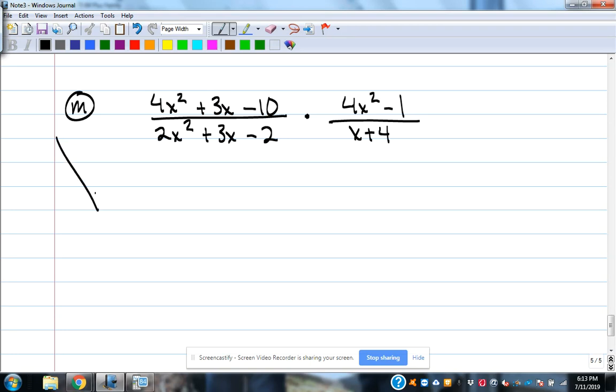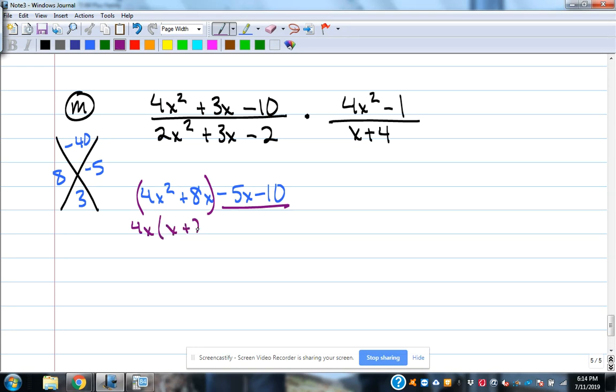So that tells me it's a trinomial. I got to do an x method. So that'd be negative 40, add to be 3. 8, negative 5. And since it's got the 4 in the front, that means I can't take a shortcut. So I'm going to have to write it out and then group it. 4x, x plus 2.